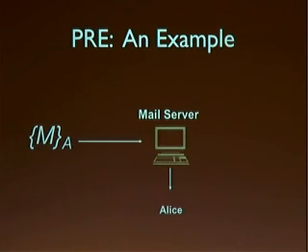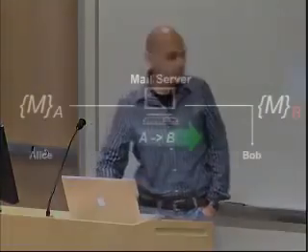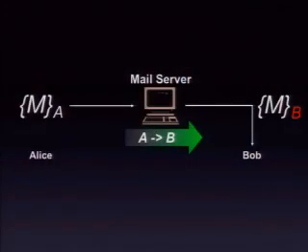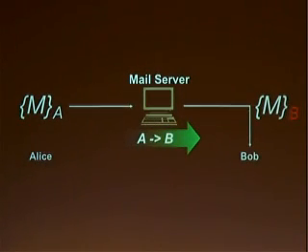So suppose Alice goes on vacation, and she asks Bob to read her emails while she's away. Ideally, we would like to have a mail server that gets this encrypted email under Alice's public key, decrypts it, and re-encrypts this information using Bob's public key.